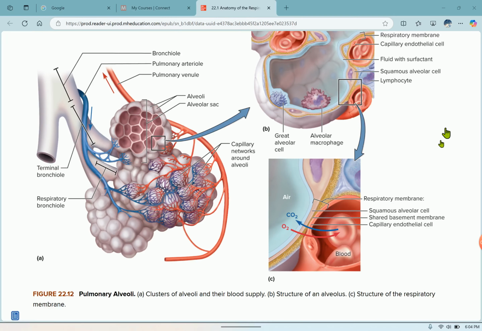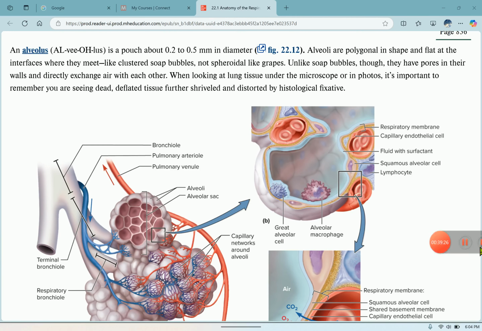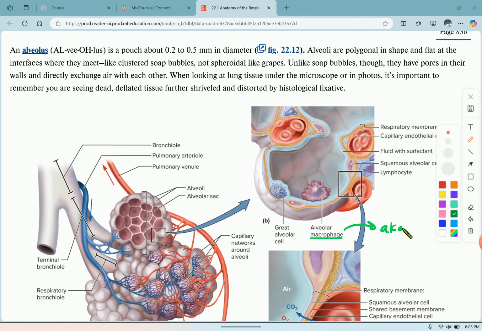Okay, inside of an alveolus, we're going to have a defense system. That defense system is a macrophage, also known as a dust cell. So a macrophage that's inside of the alveoli is called a dust cell, and its job is to go around and eat the bad guys.